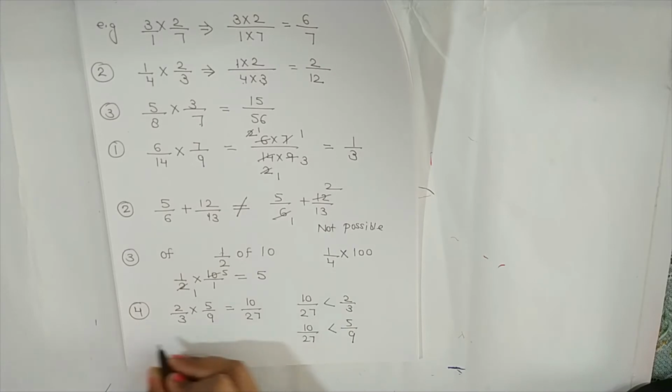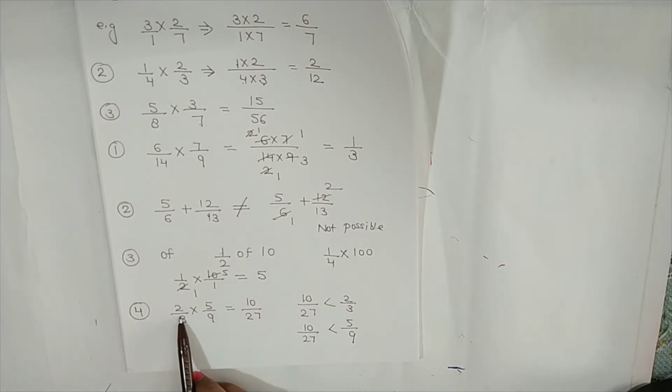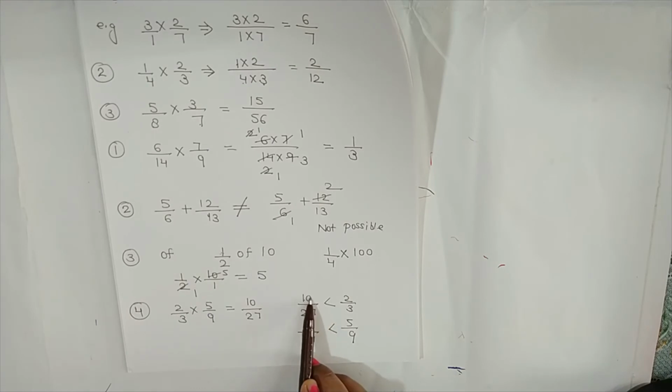So the fourth point says that when we multiply two proper fractions, the product is always less than each of these fractions. So 10 upon 27 is less than 2 by 3, and 10 upon 27 is also less than 5 upon 9.